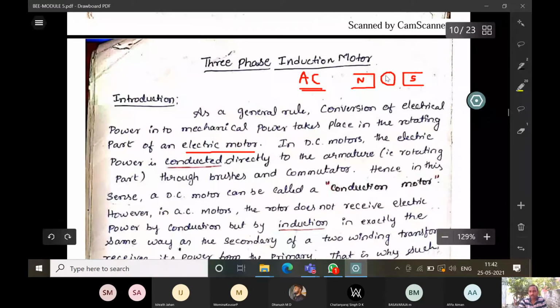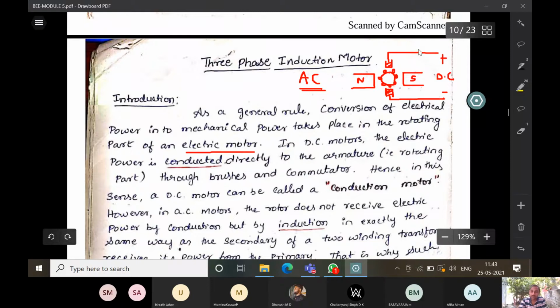The armature consists of conductors, and also commutator segments and brushes, which give the supply. This is positive and negative. In case of a DC machine, we give a DC supply like this.